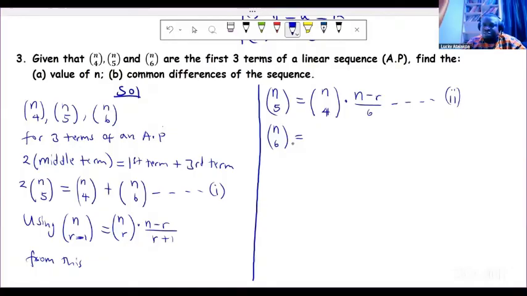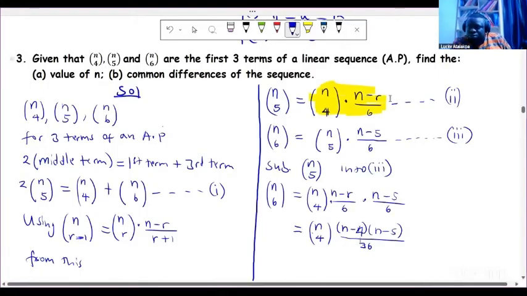So for n combination 6, our n is still n, then 6 minus 1 is 5, right? So n minus r, our r here is 5, over then r plus 1, which is 5 plus 1, that is 6.